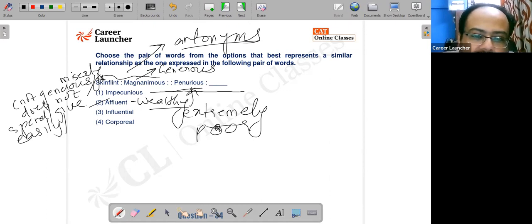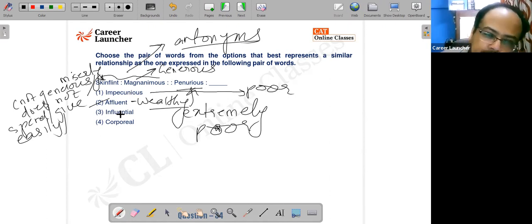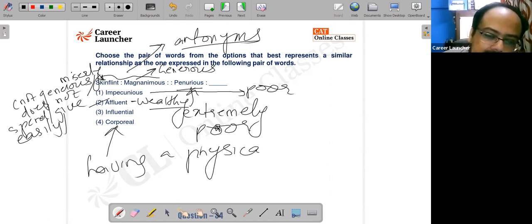Impecunious, just make a note, again means poor. Influential is a person with a lot of influence. Corporeal means something that has a physical form.